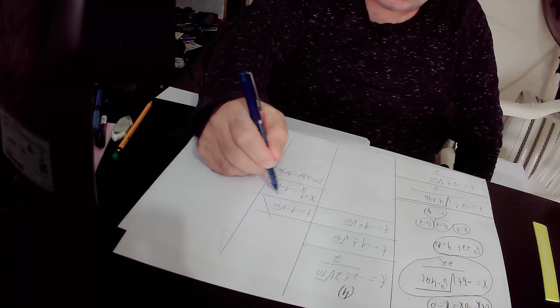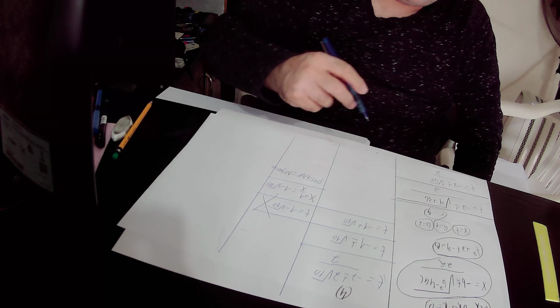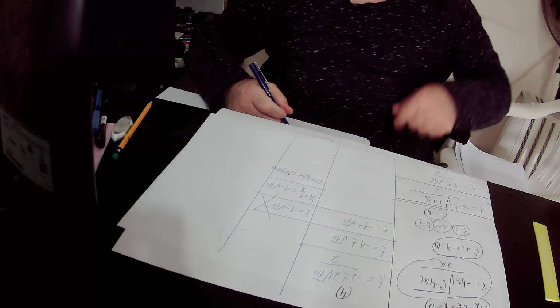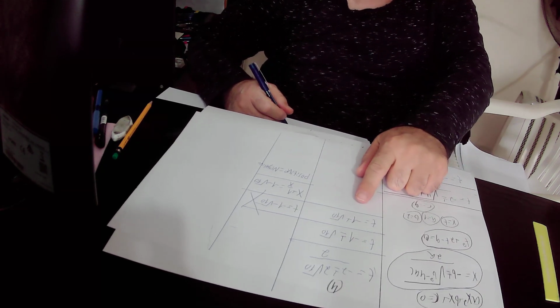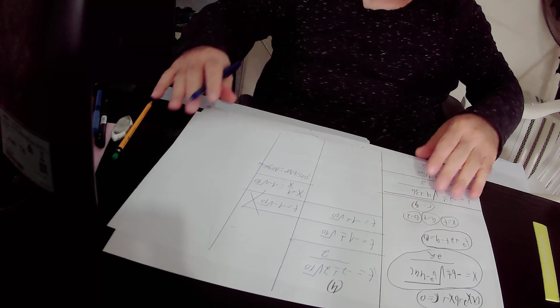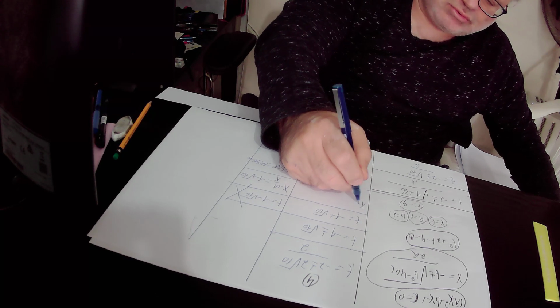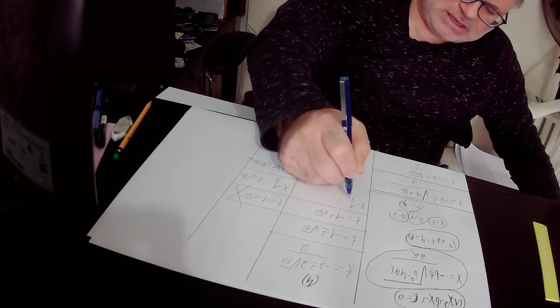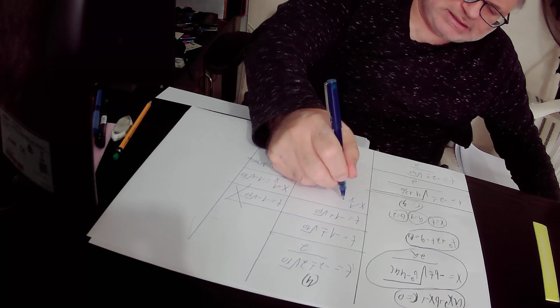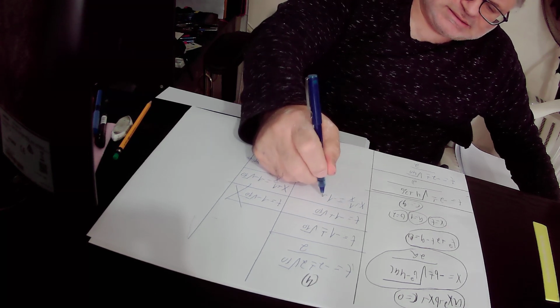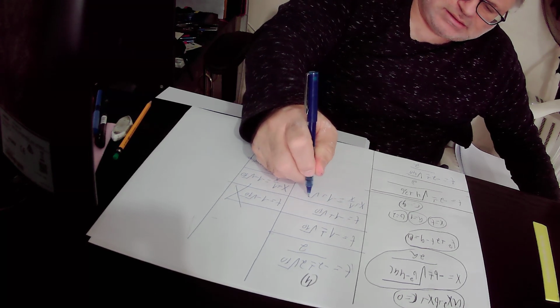We will cancel this solution, and we are left only with the solution that T equals to minus 1 plus square root of 10. Again, T equals to x plus 1 over x according to our definition, and it equals to minus 1 plus square root of 10.